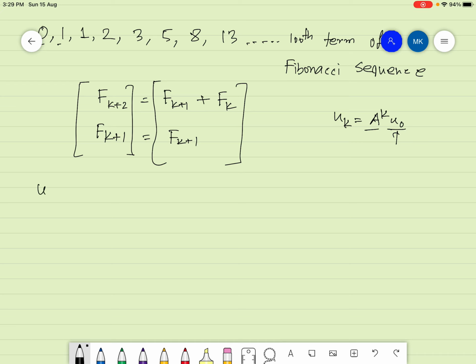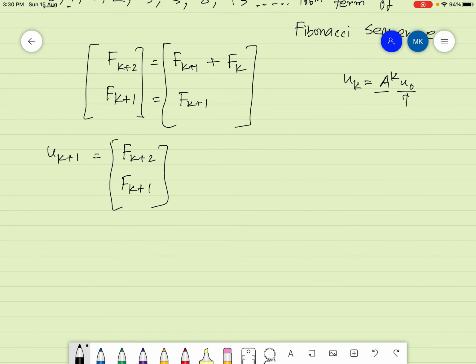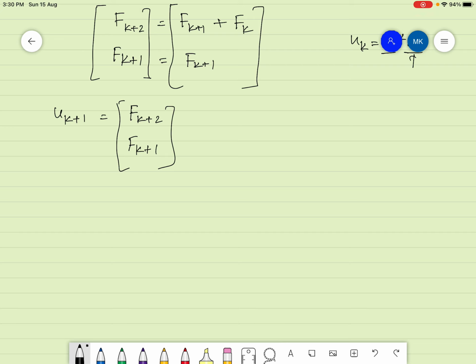u of k plus 1 equals f of k plus 2 and f of k plus 1. This is our left hand side, and our right hand side is f of k plus 1 plus f of k and f of k plus 1.